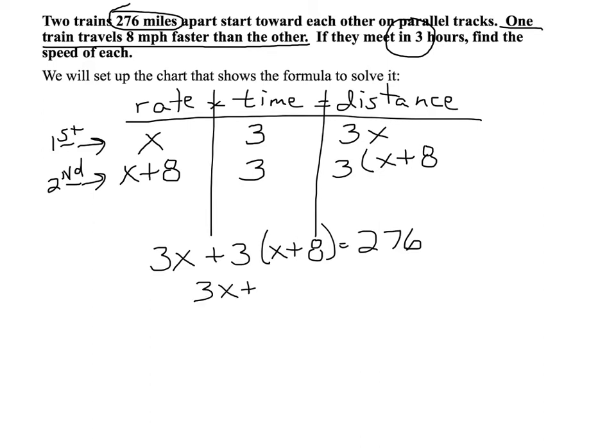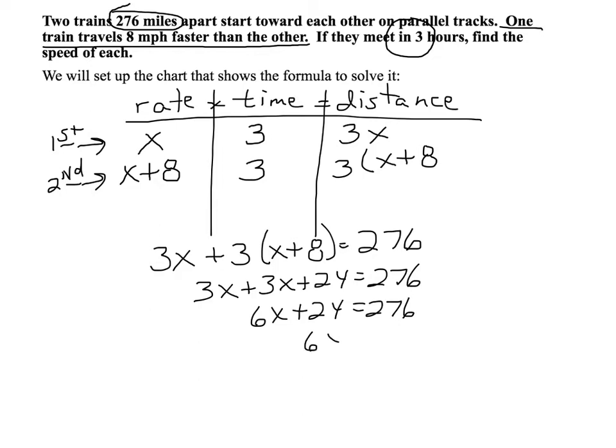Solving this quickly, I get 3x plus 24 is equal to 276. 6x plus 24 is equal to 276. If I subtract 24 from both sides, I get 6x is equal to 252, which means, when I do the math, that x is equal to 42.